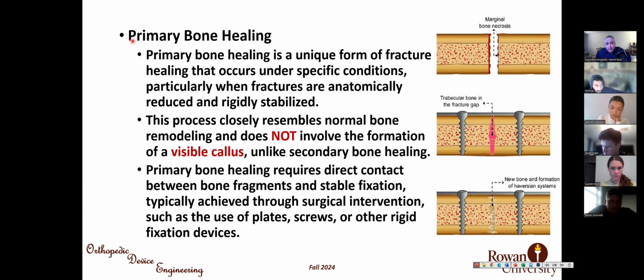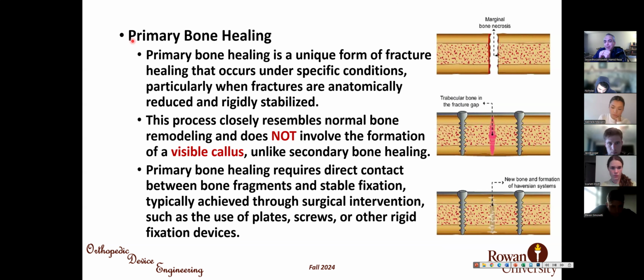Primary bone healing happens like when you force two metals together. These two parts may have cold welding and they attach together. It is a direct attachment between two metals. Primary bone healing is something like this.